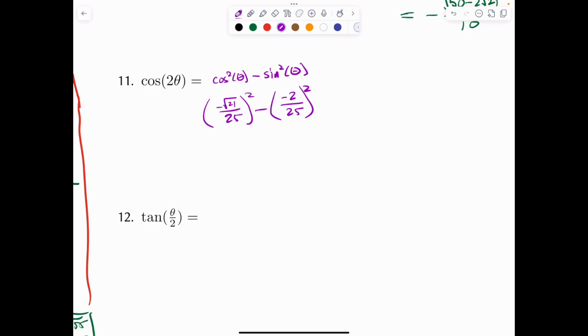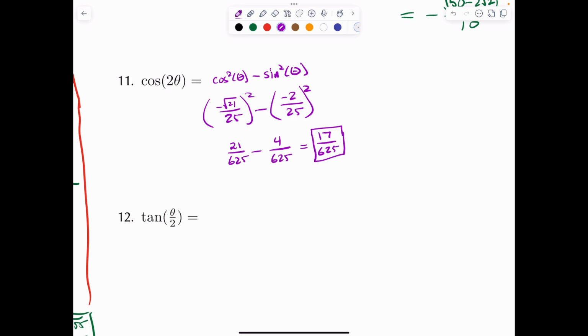And we're going to square that. So this will be 21 over 625 minus 4 over 625. And that gives me 17 over 625.